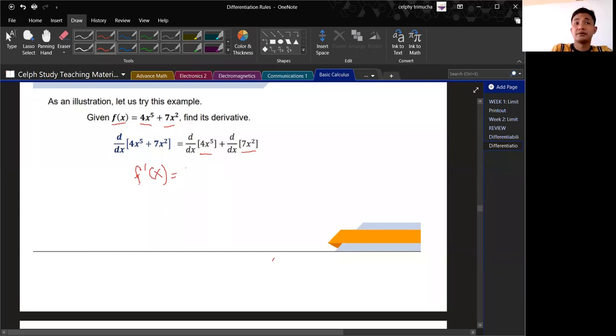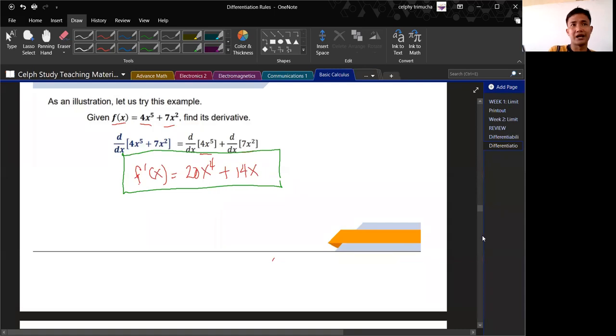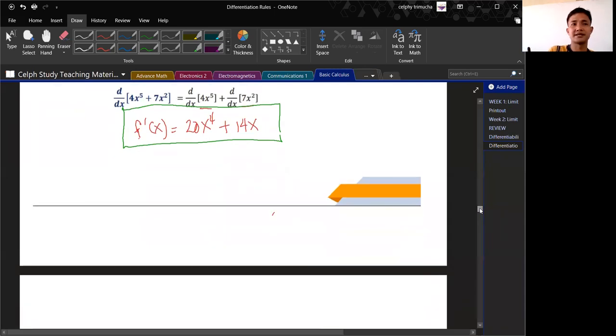So 20x to the power of 4 plus, what is the derivative of 7x squared? 14x. So we have 14x. Thank you. So this now will be our final answer for the derivative. It is simply expressed in polynomial form. We will have more examples so that it will be better understood.